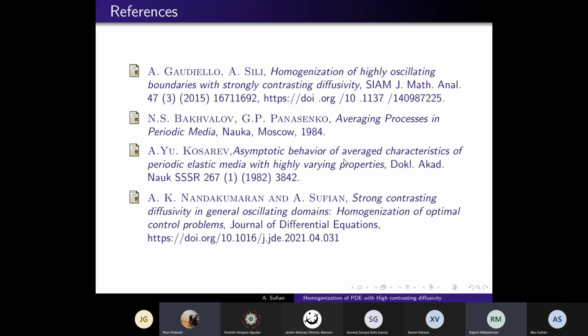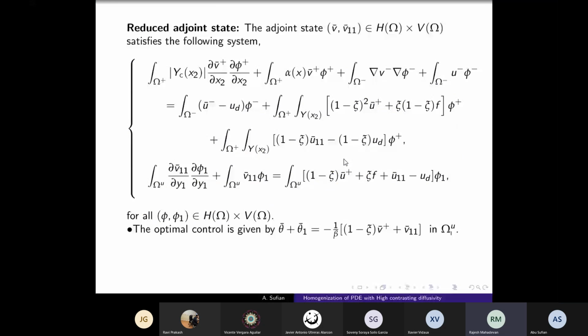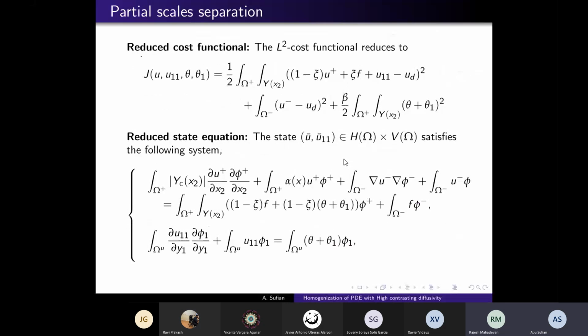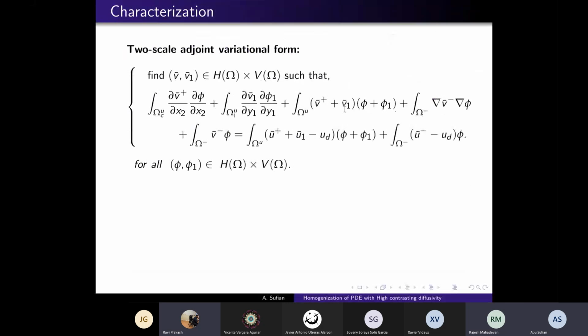When you deal with a high contrast medium, sometimes some kind of non-local problem is observed. Here I don't see any such thing. The non-local problem is the cell problem, basically, right? This is an integral.